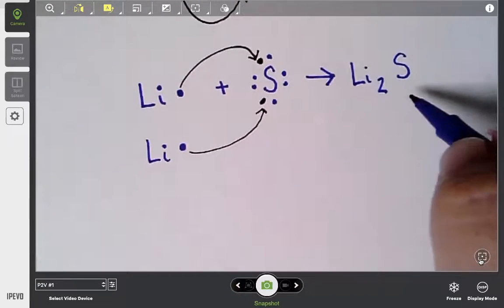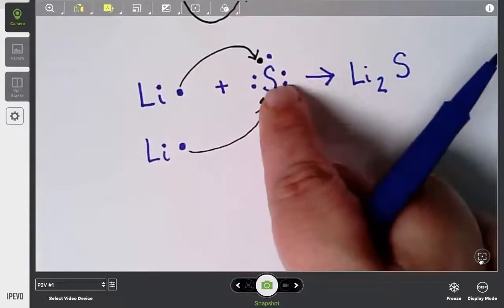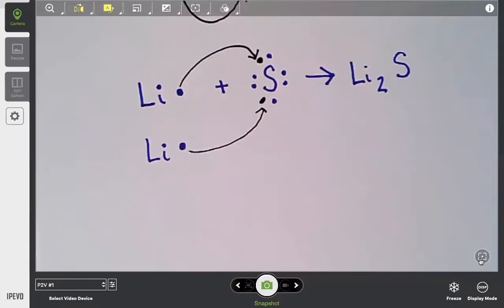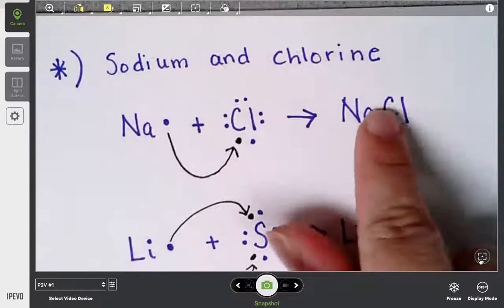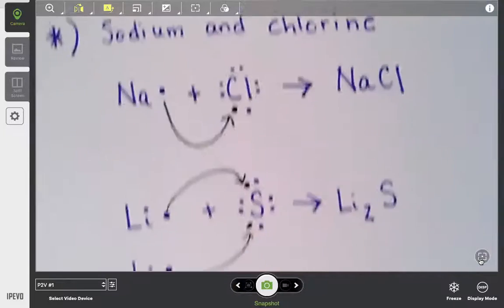Because the 1 is understood, and there's 2 lithiums, and there's only 1 sulfur. We don't have to write ones down. We just understand that they're there. That's a good question, though, and it's something that I see happen a lot. We just understand that 1 is present. We don't have to write those down. Just like up here at the top, I didn't write Na1 and Cl1. We just know that there's 1 and 1.